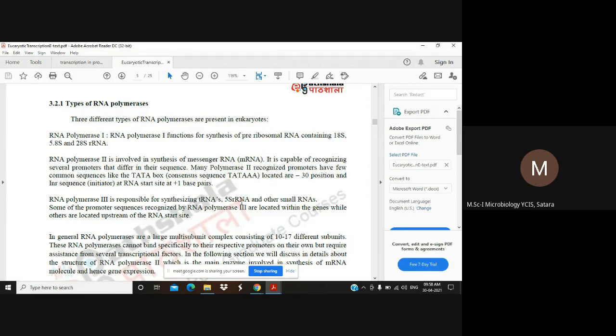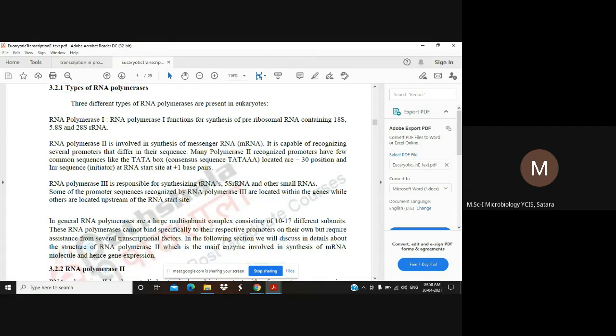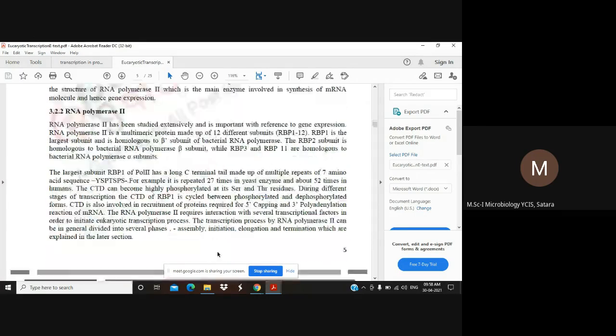And this RNA polymerase, it is a large multi-subunit complex. It is made up of 10 to 17 different subunits. So RNA polymerase 2, it is more extensively studied as it is involved in the mRNA transcription, mRNA synthesis.